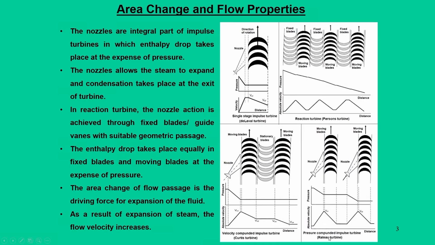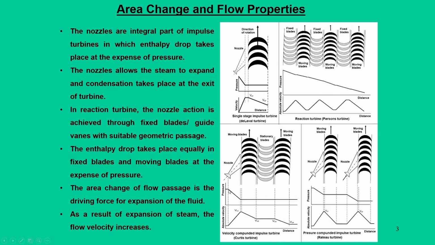Now, moving to the pressure compounding impulse turbine, each of these moving blades needs a separate nozzle for feeding of steam. And the most important fact is that in all these impulse turbine arrangements, most of the pressure drop, if you can see this figure, takes place only in the nozzles.